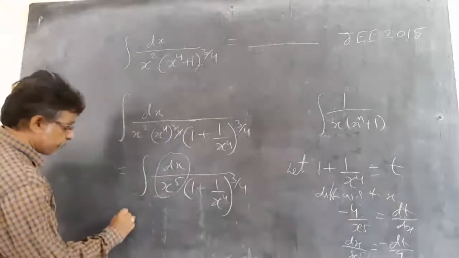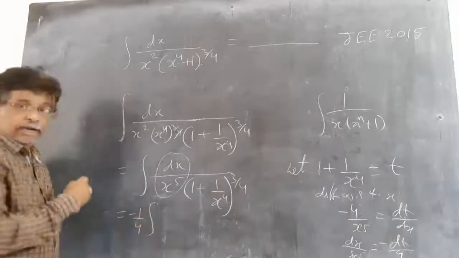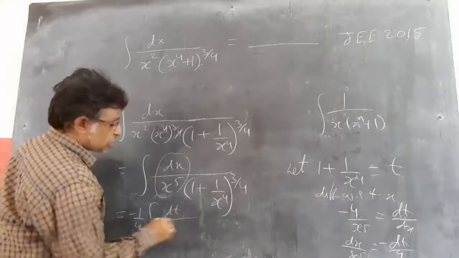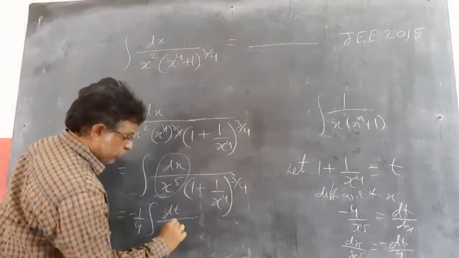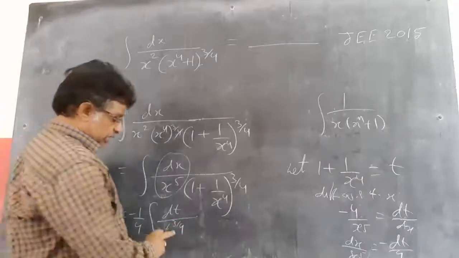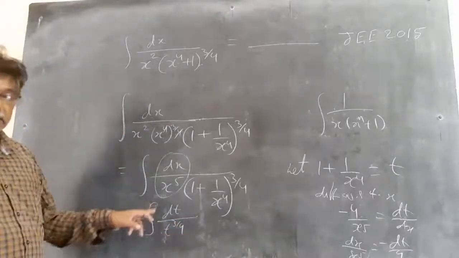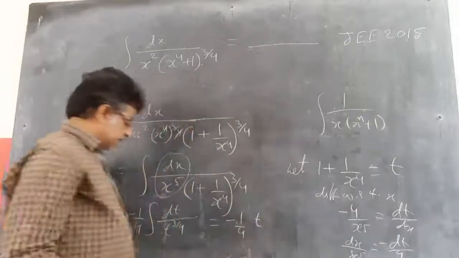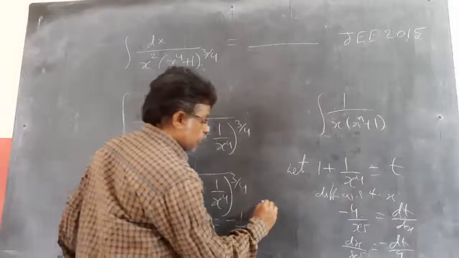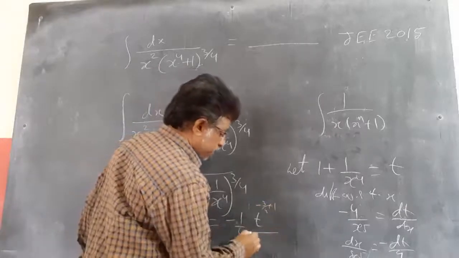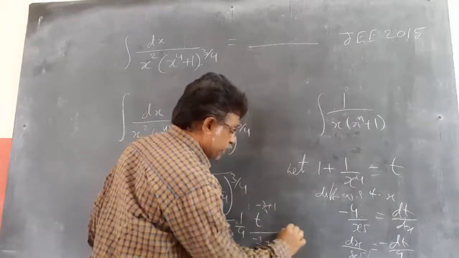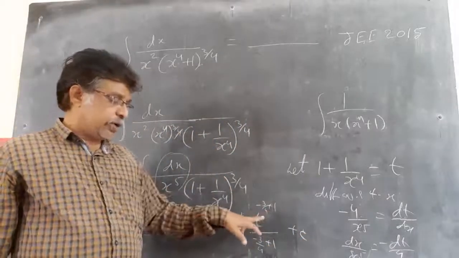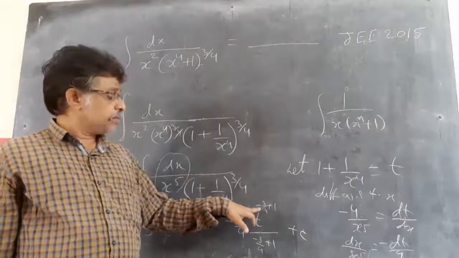So minus 1 by 4 outside, integral of dt by t power 3 by 4. Now this is the x power n formula: t power minus 3 by 4 plus 1, divided by minus 3 by 4 plus 1. So minus 1 by 4 into t power minus 3 by 4 plus 1. Now minus 3 by 4 plus 1, if I take LCM 4, becomes 1 by 4.